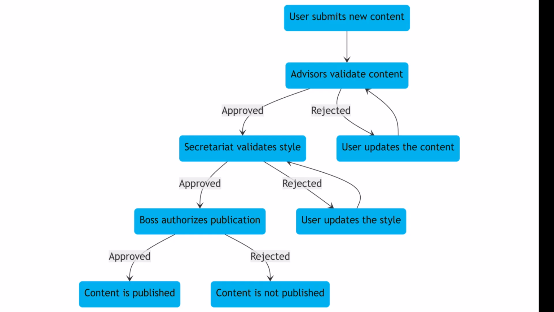Let's describe the state machine behind the business process that we want to implement. Basically, we want to implement content approval, and a user submits new content, and this content will have to be validated by different actors in the company.